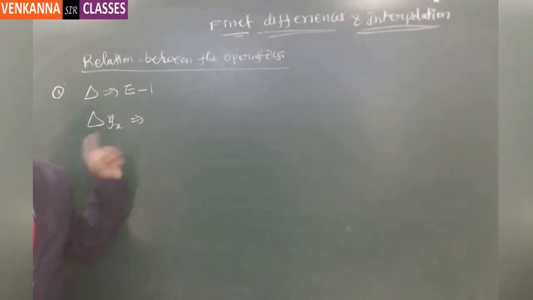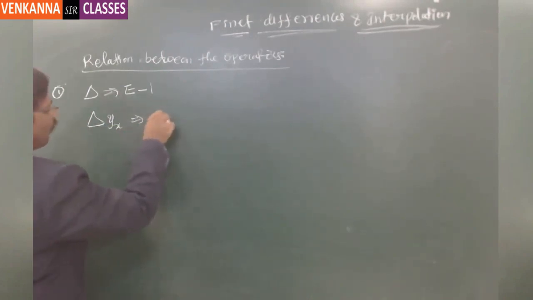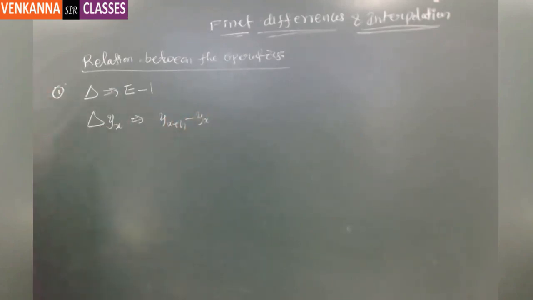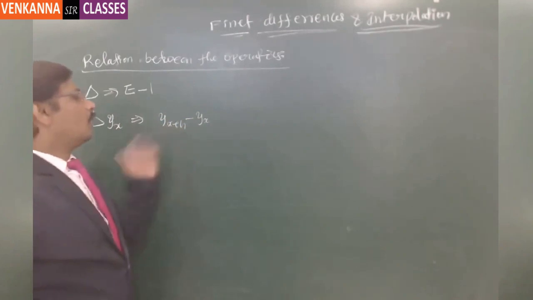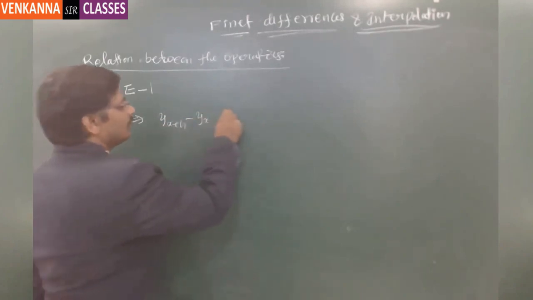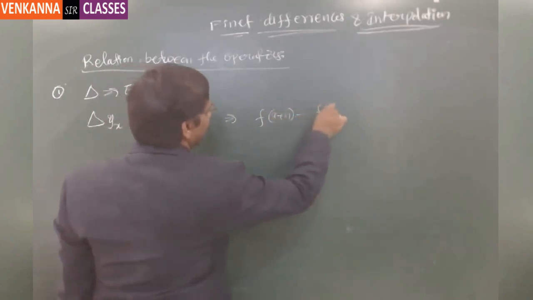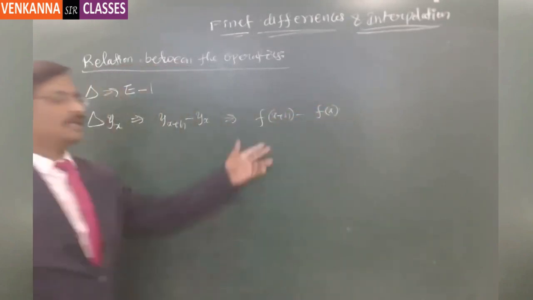And this forward difference operator will give the relation yx plus h minus yx. So this is the forward difference operation. Now here yx plus h is nothing but the function value of x plus h minus the function value of f of x. So this is how you can express this.